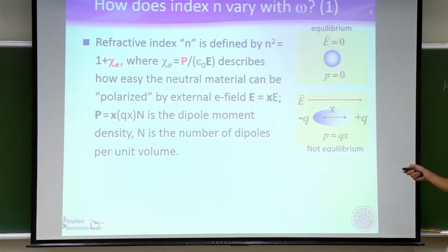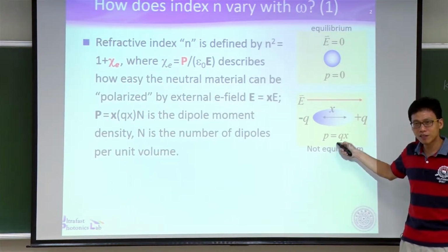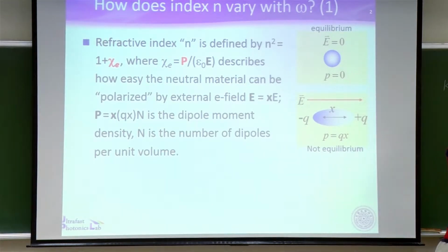So if a single dipole moment is in the x direction with magnitude qx, you only have to multiply by the number density to get the dipole moment density. Big N means there are big N dipoles in one unit volume.